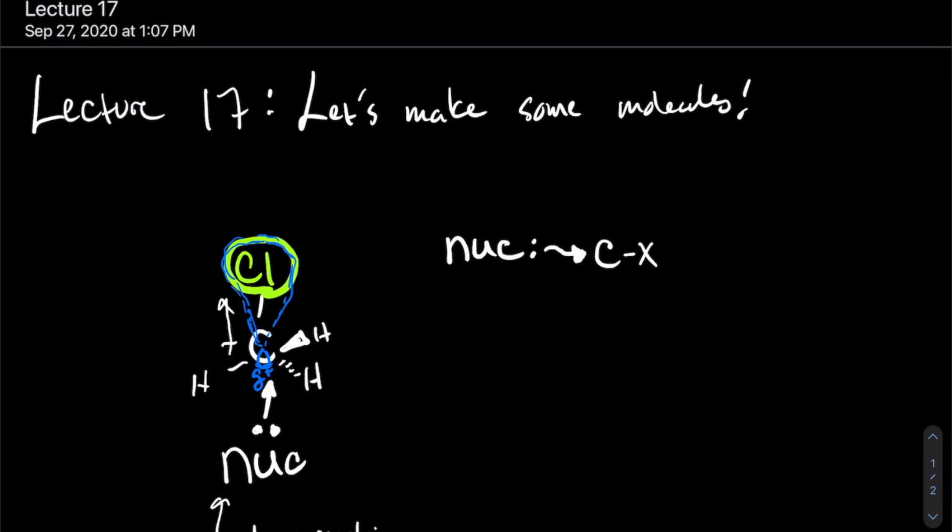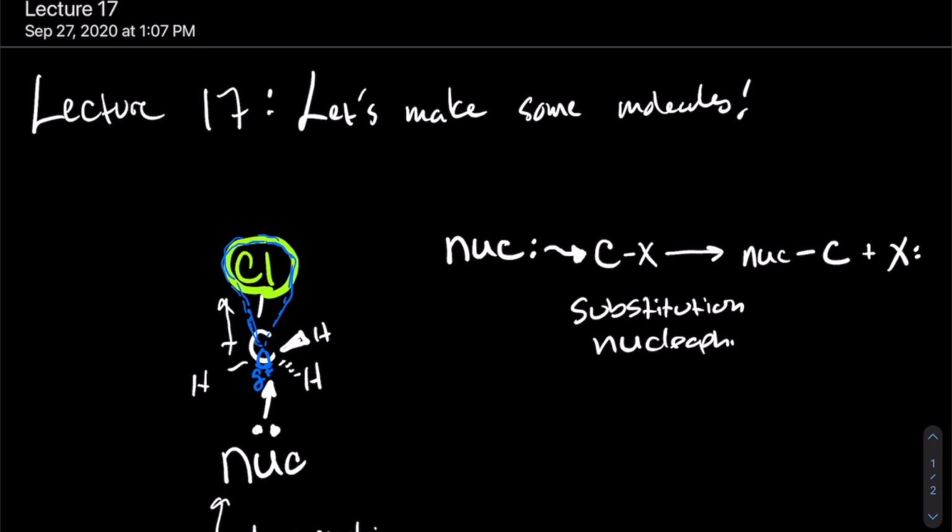And as a consequence, what you see is a substitution of that halide or leaving group with the nucleophile. All right, and this is called a nucleophilic substitution reaction. It's abbreviated SN.